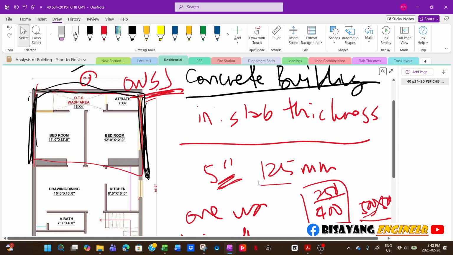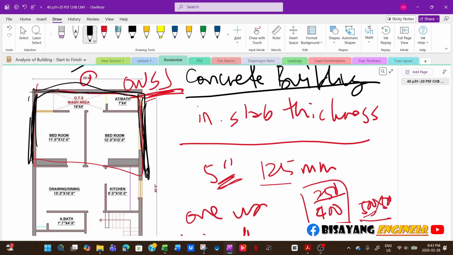We can design something like PVC walls, or you can have metal studs, light gauge steel, as your non-load bearing wall studs, something like that.